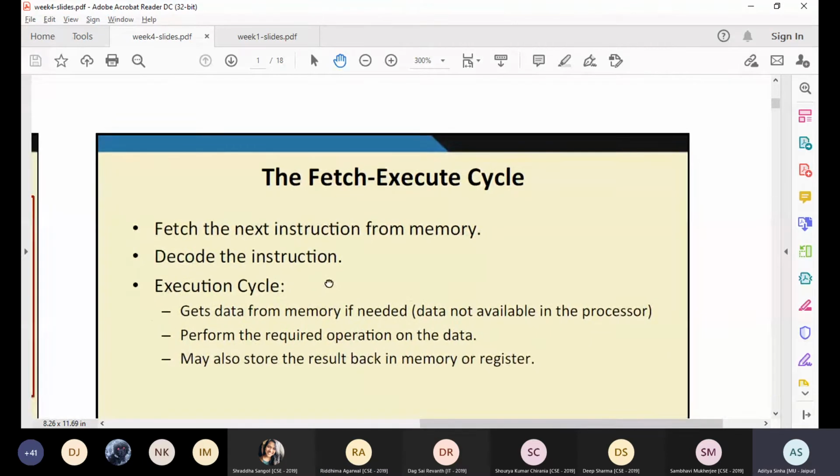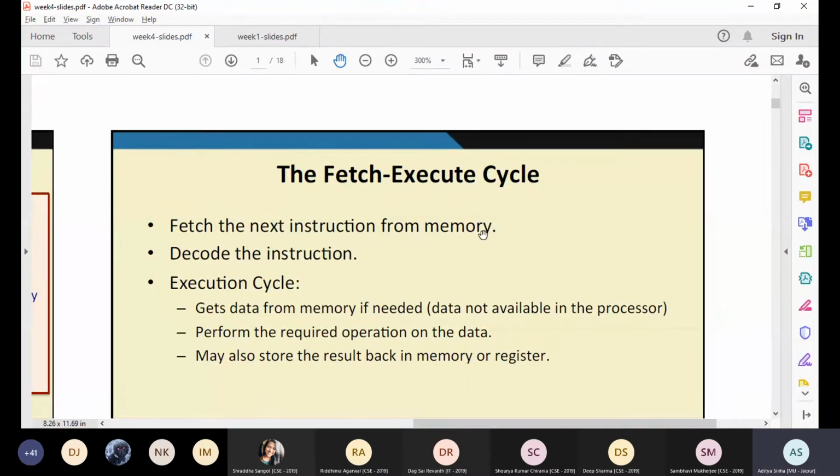Okay. So fetch execute cycle: fetch the next instruction from the memory, decode the instruction, execute cycle gets the data from the memory if needed, if data is not available in the processor, then performs the required operations on the data, and may also store the result back to the memory or register.